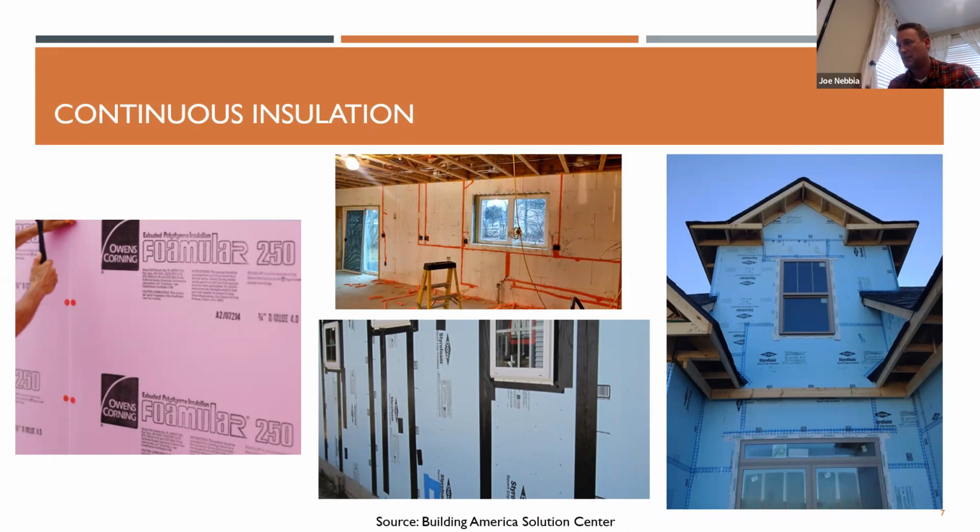There are some continuous insulations that are a little bit different, like an ICF wall actually has two layers of continuous insulation, one exterior and one interior. But for the most part, continuous insulation is usually exterior in nature.